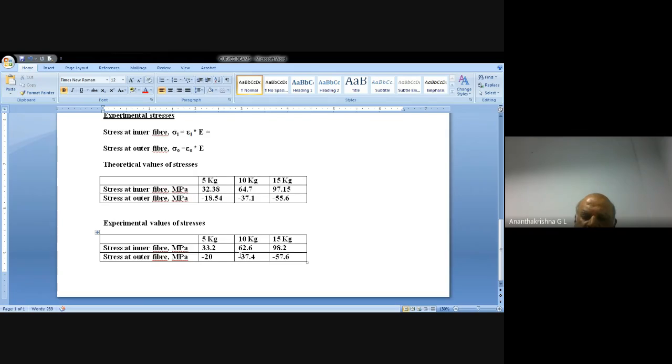Okay, outer fiber? Outer fiber, how much? Sir, 37.31, minus 37.4. Okay, then for 15 kg.